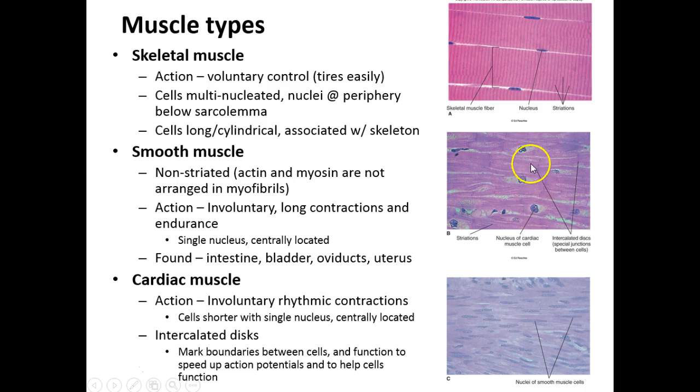And they have these really weird cell junctions, which is a specialized type of gap junction known as an intercalated disc. And an intercalated disc is a way to speed up the conduction of action potentials through those cardiac muscles and to allow them to contract as a unit, as a coordinated unit.